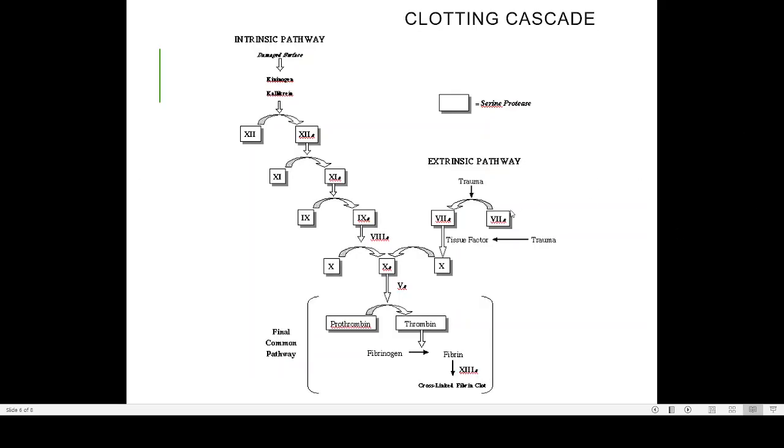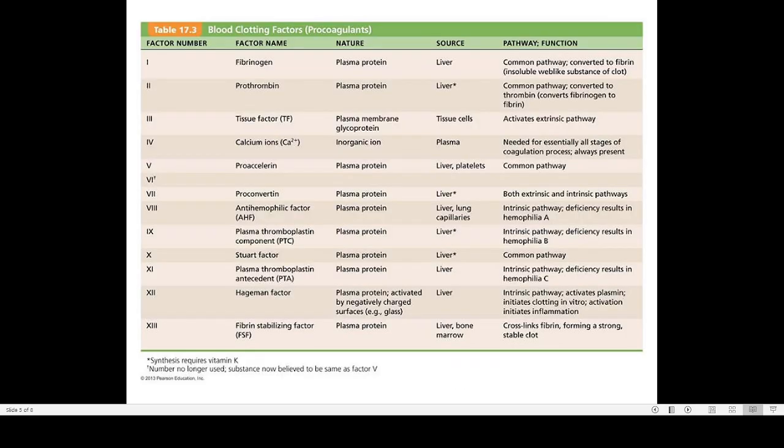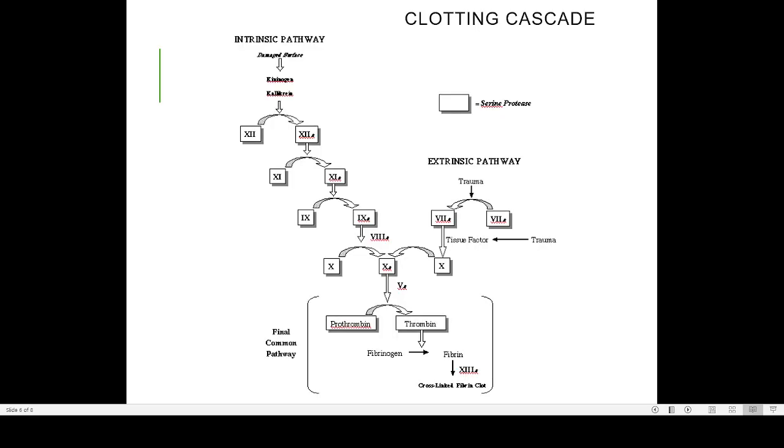So when there is an external trauma, proconvertin is converted into its active form, which works on factor 10, the Stuart factor, converting it into active Stuart factor, and that will work on prothrombin, converting it into thrombin.